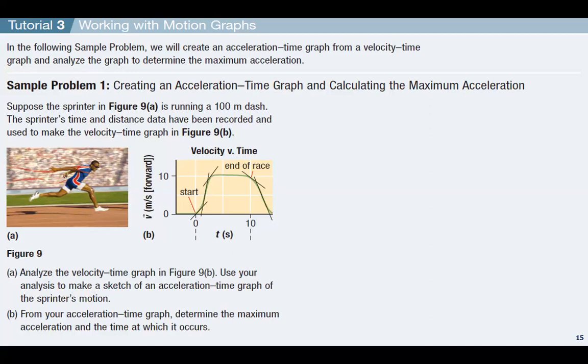And there are two questions. A, analyze the velocity time graph in figure 9b. Use your analysis to make a sketch of an acceleration time graph of the sprinter's motion. Question B, from your acceleration time graph, determine the maximum acceleration and the time at which it occurs. Again, I'll give you 5 minutes to consider this question by yourself first, and then we'll have a look at the solution together.